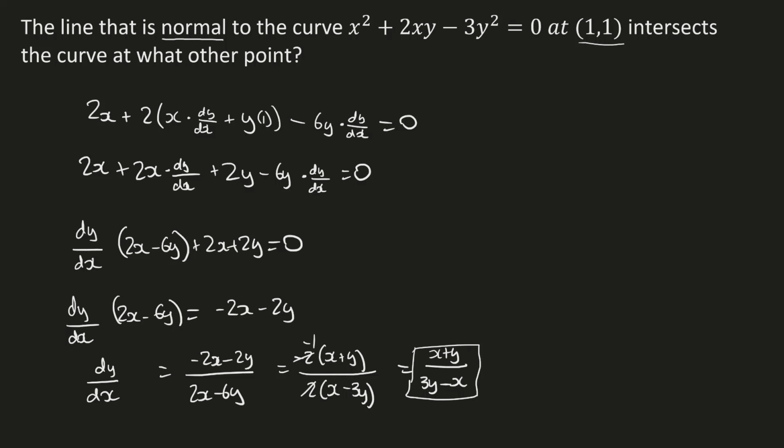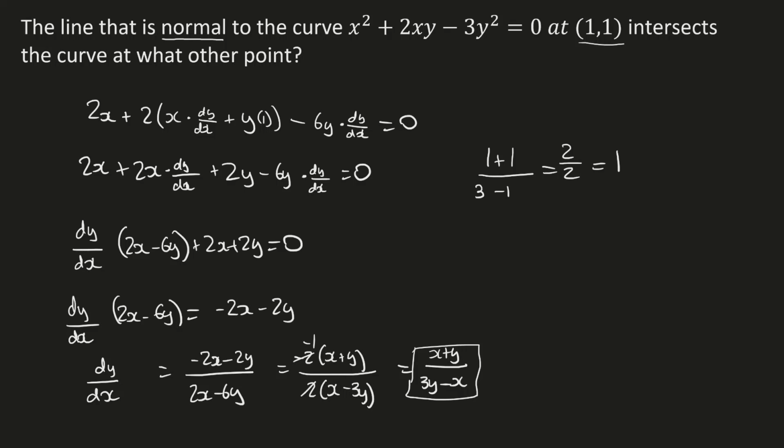So we have x is equal to 1, and y is equal to 1, divided by 3 times y, so that's going to be 3, and minus x is going to be 1, so we have 2 divided by 2, and that is 1. But this is actually going to be the slope of the line that is tangent to the curve, but they're asking for the line that's normal to the curve, and normal is perpendicular to the tangent.